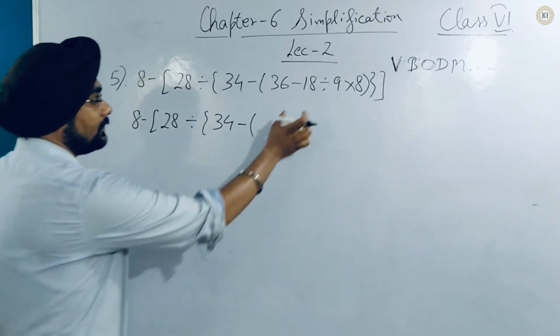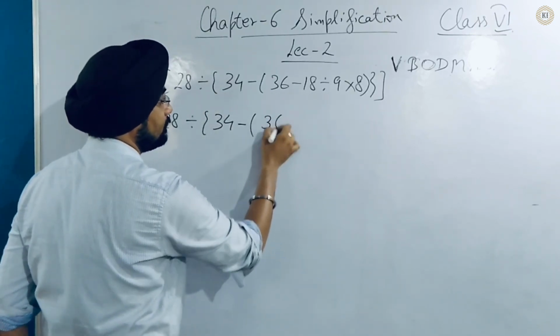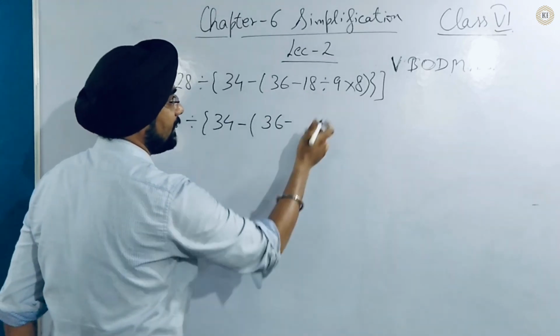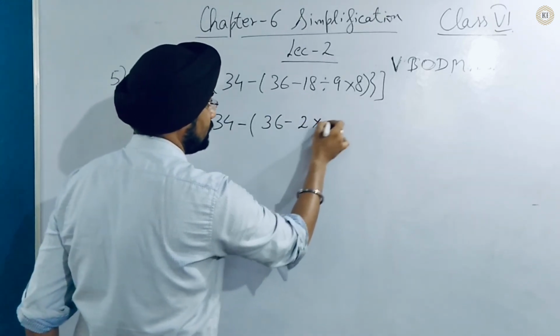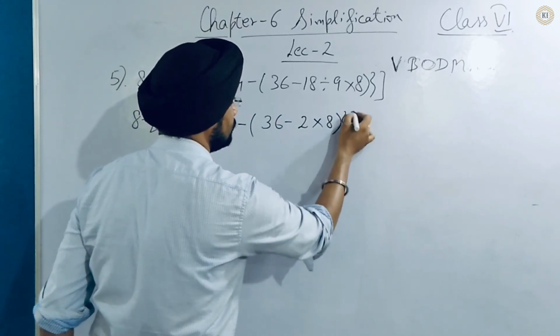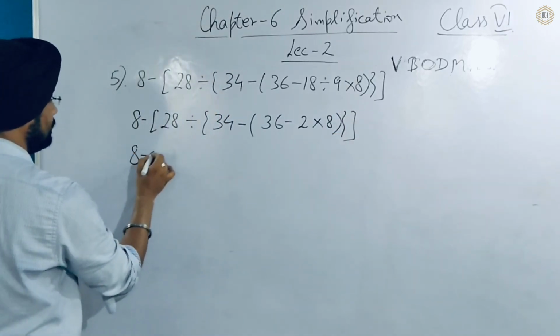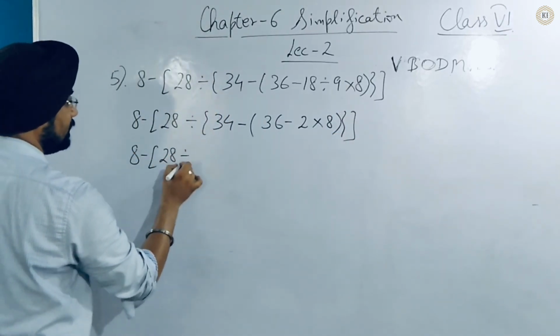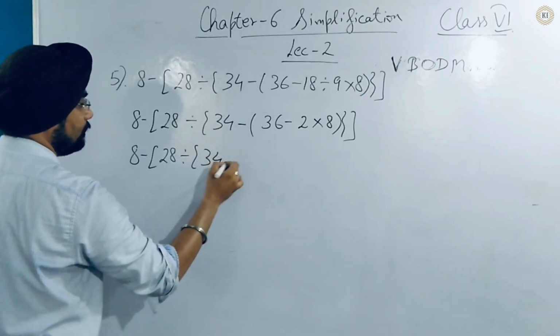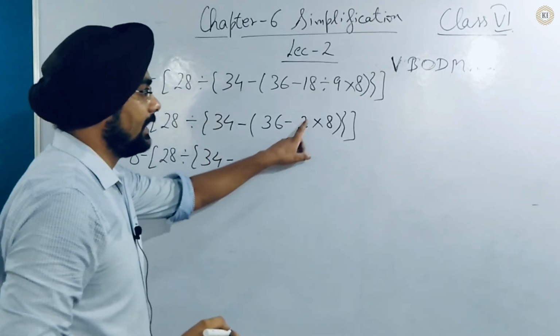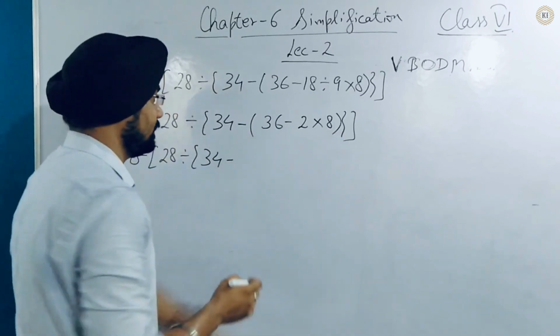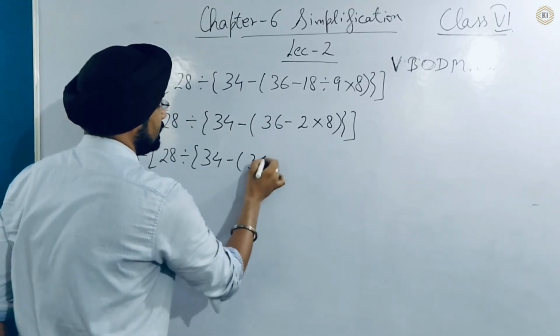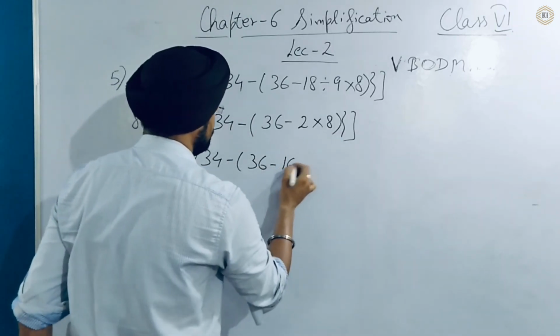So first of all we will solve this divide, rest other values we will not touch. 18 divided by 9 will be 2, multiply by 8. 8 minus 28 divide 34 minus, again after divide we will find multiply, so 36 minus 2 eights are 16.